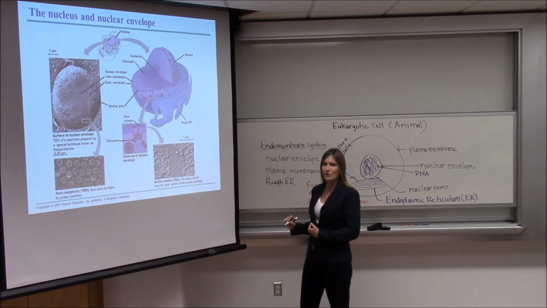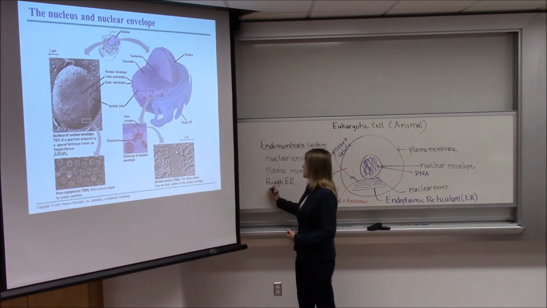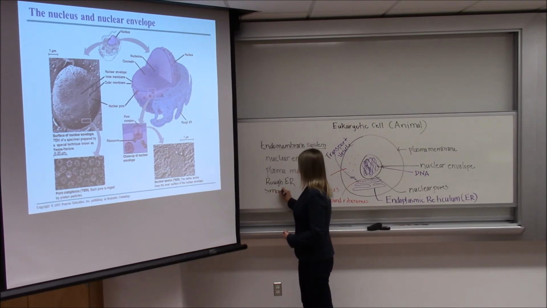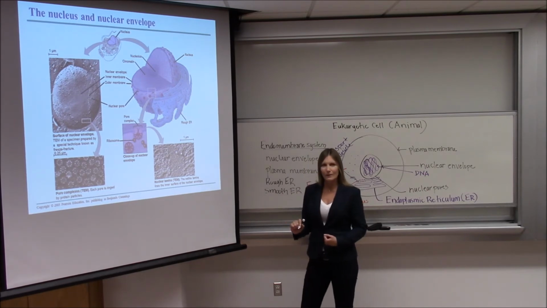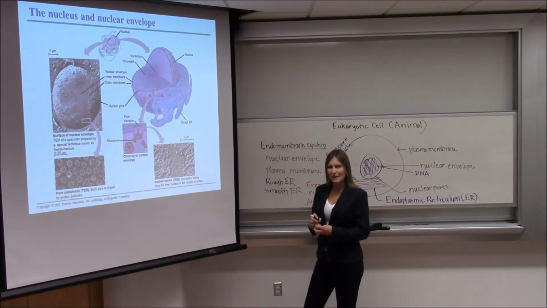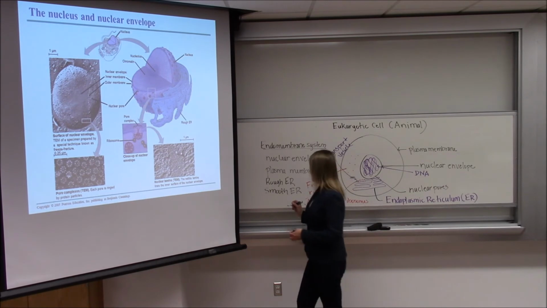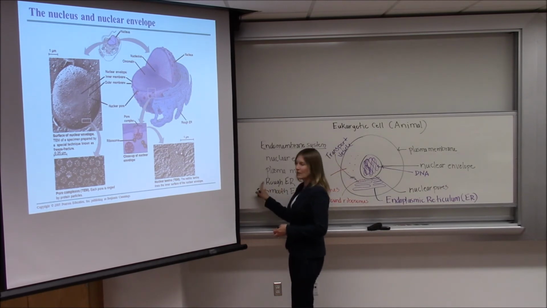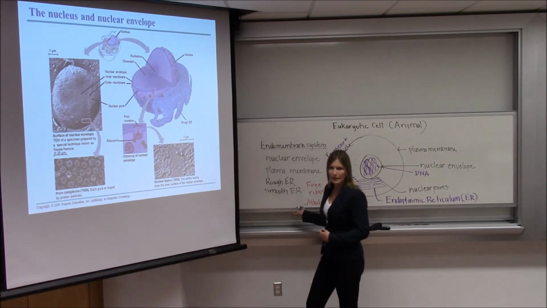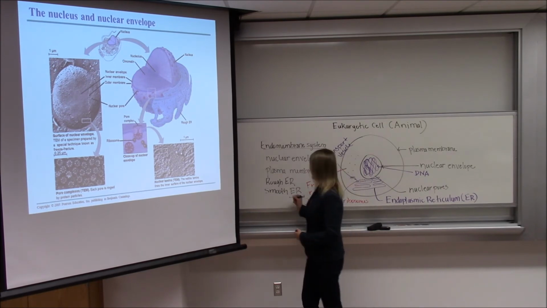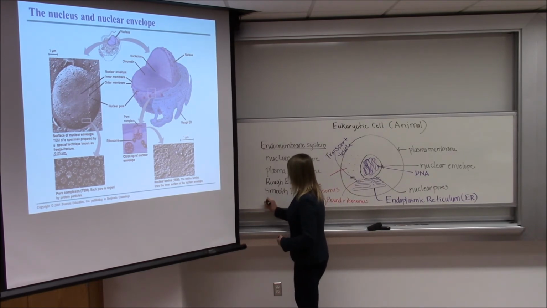The smooth ER is going to have some very important functions that are different from the functions of the rough ER. So smooth ER, and it's also going to include those transport vesicles, that piece of membrane that pinches off. That piece of membrane pinches off from the rough ER, and you're going to see it also pinches off from the smooth ER, and it's also going to pinch off from a structure we're going to look at in a few minutes called the Golgi. So smooth ER, transport vesicles.